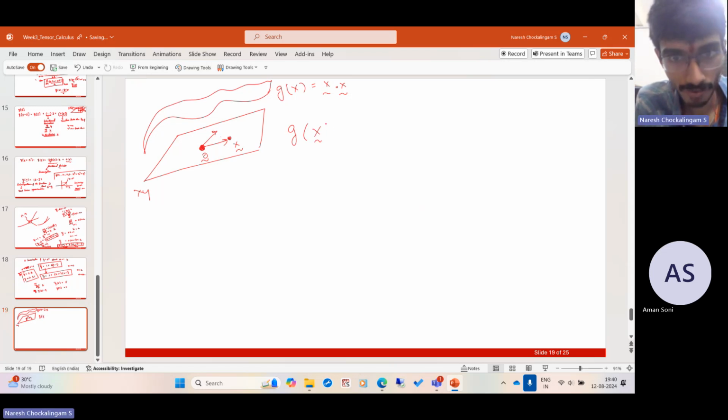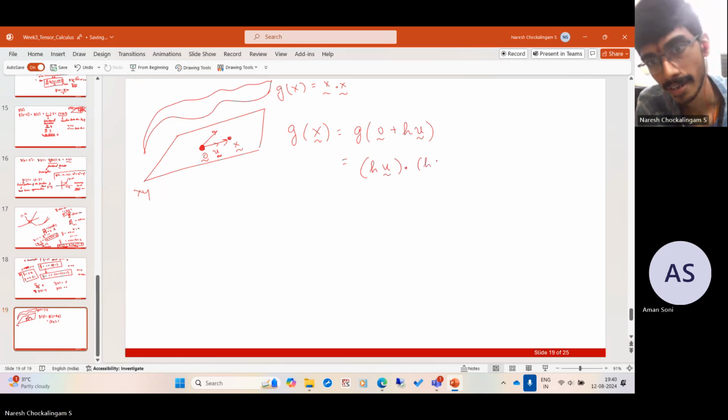Let us say x is in the direction u, where u is the unit vector in the direction of x. You can write x as the magnitude h times the unit vector u. So what is this? This is hu dot hu.